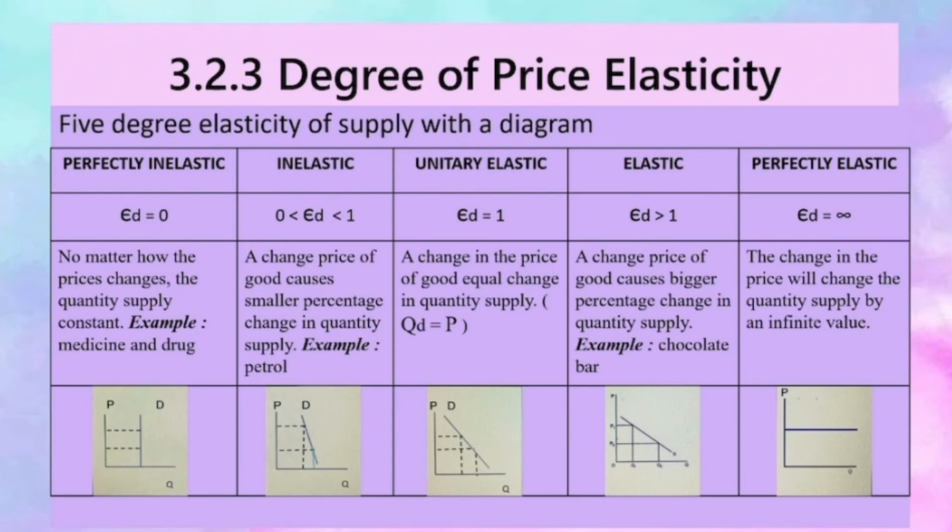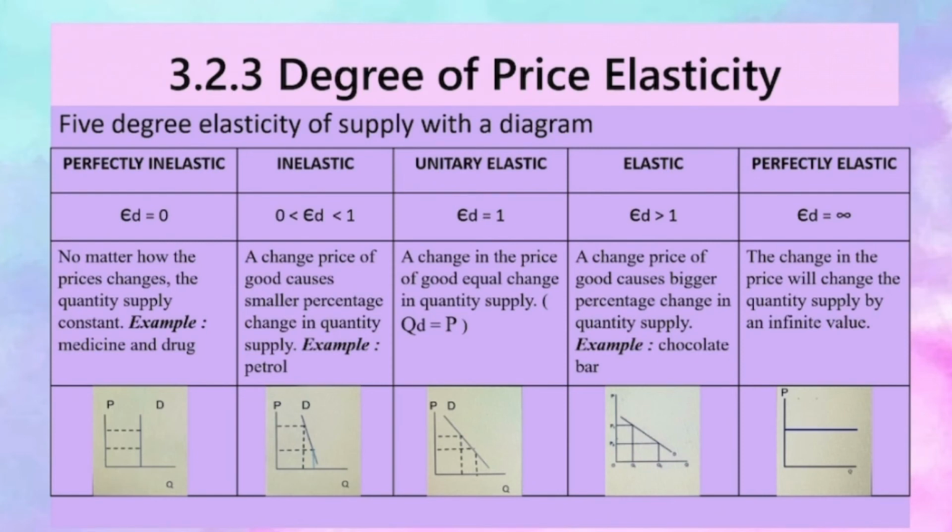Next is unitary elastic. ES is equal to 1. A change in the price of a good equals the change in quantity supply. The change in quantity supply from Q0 to Q1 is equal to the change in price from P0 to P1.